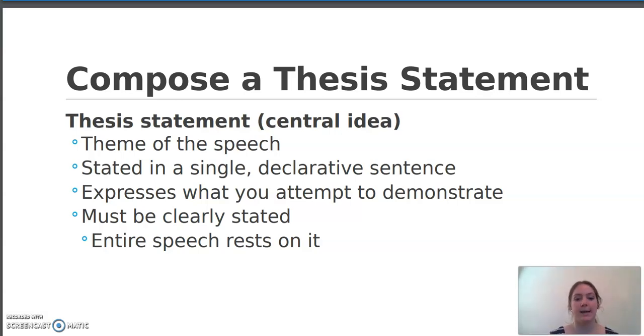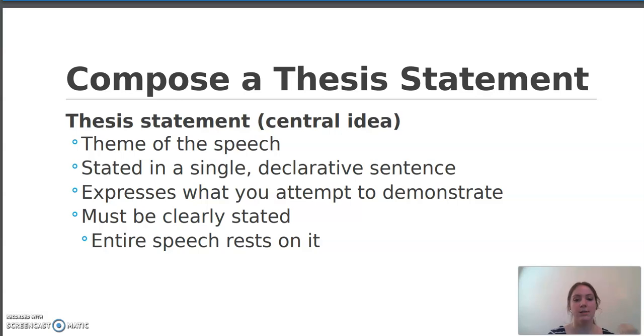So, for example, if I were to train you on a theory, say the theory of gravity, my single declarative sentence would be about gravity and the importance of gravity. My three main points would be gravity happens on Earth, gravity is necessary, and gravity allows us to do things every day.